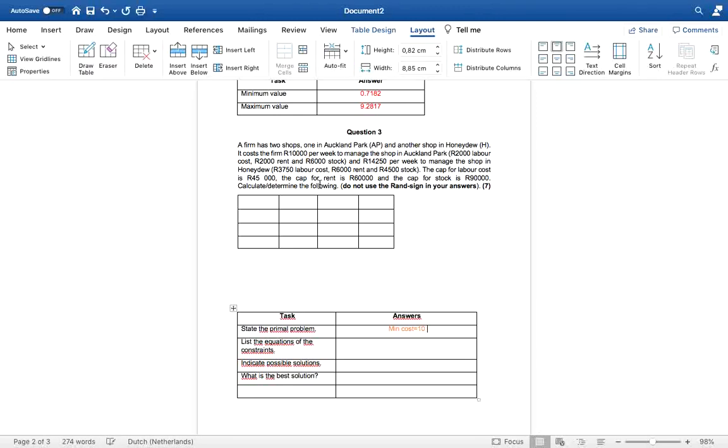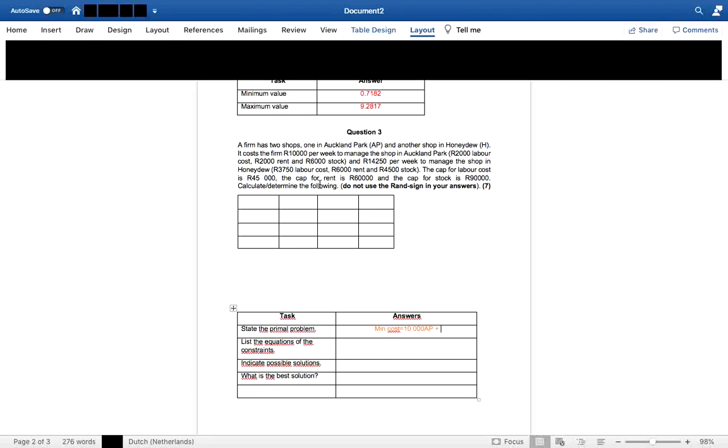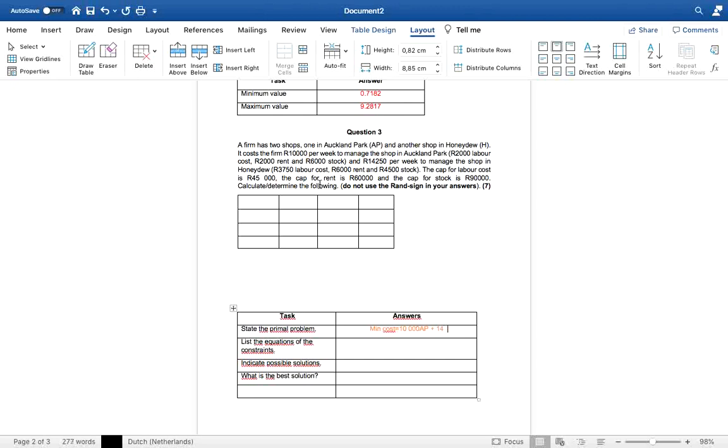It's 10,000, so it's gonna be minimizing 10,000 AP plus, how much does it cost to run the shop in Honeydew? It's gonna be 14,250 H.